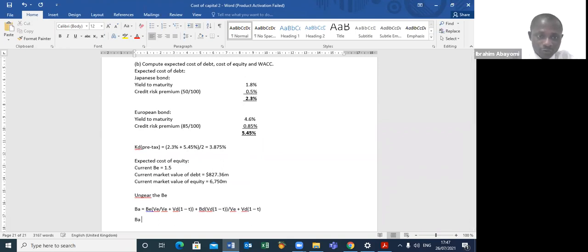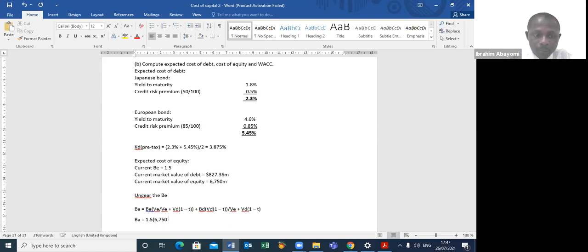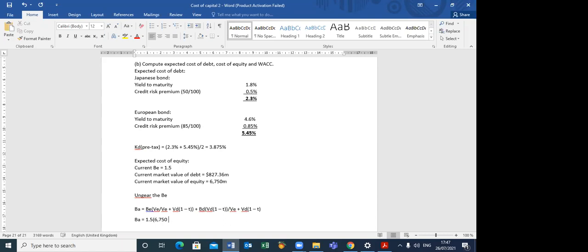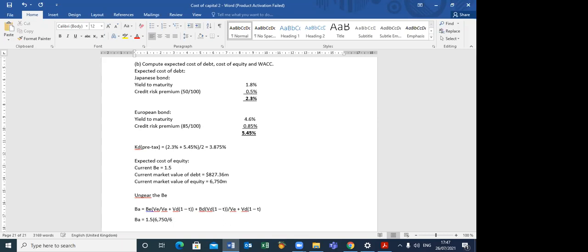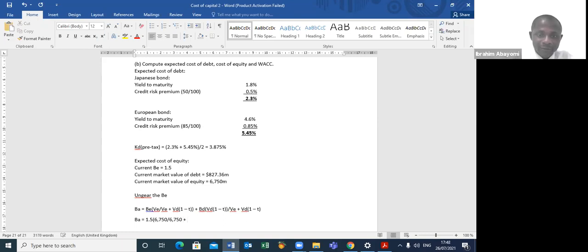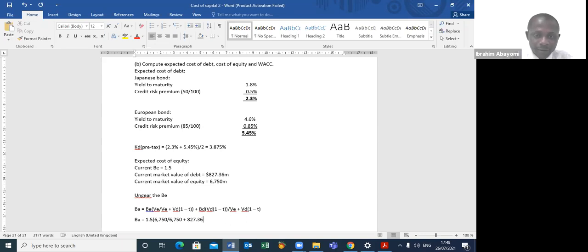So our beta of asset will be equal to our beta of equity, which is 1.5, into bracket market value of equity, 6,750, all over market value of equity, 6,750 plus market value of debt, 827.36 into bracket 1 minus the tax rate.